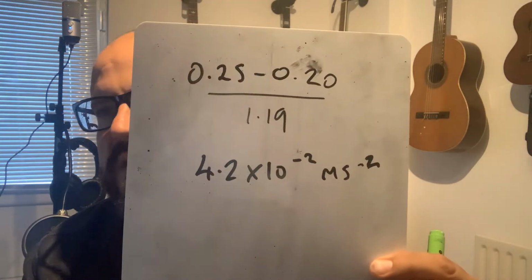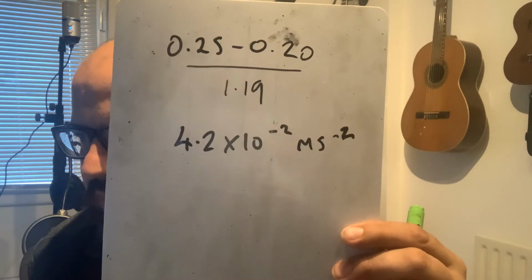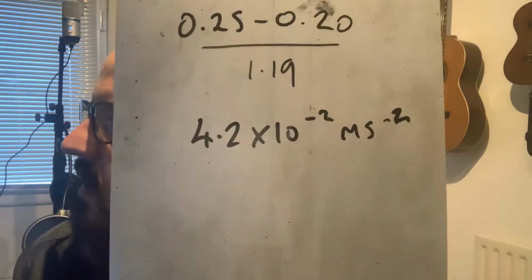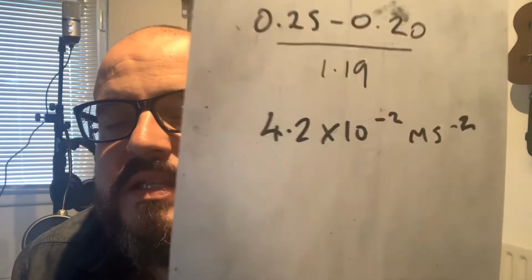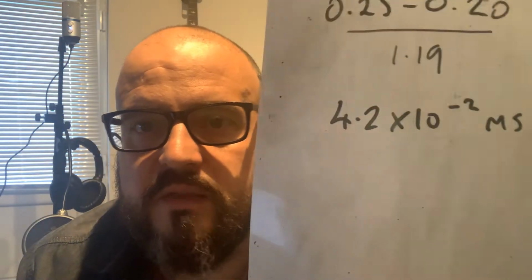That is our acceleration, our answer for the first bit. Now, we only want 2 significant figures there. They are going to penalise you if you don't. The least accurate pieces of data in the question are given to 2, so your answer should be to 2 significant figures as well.